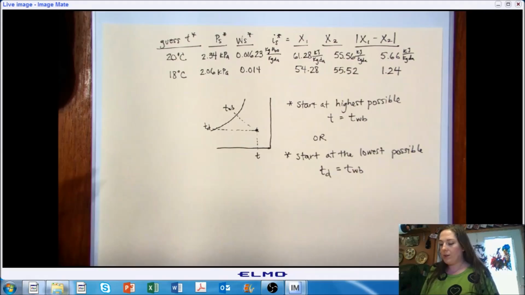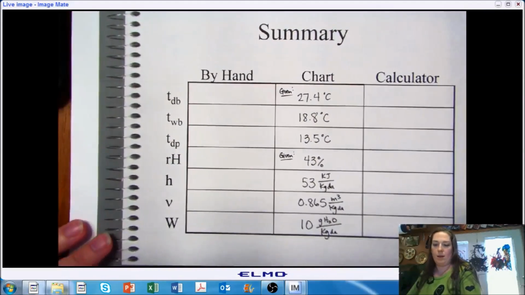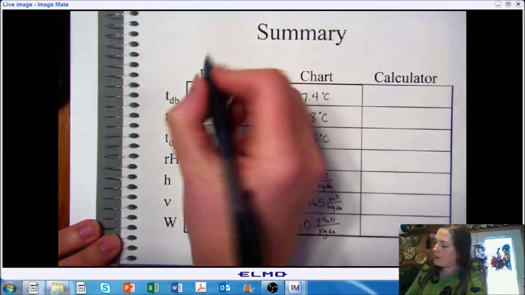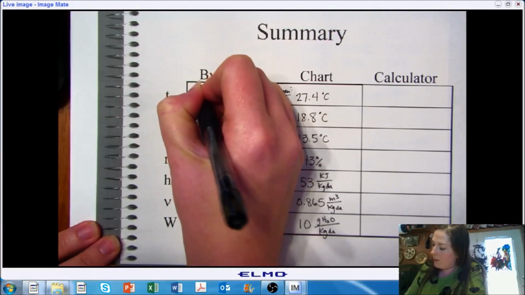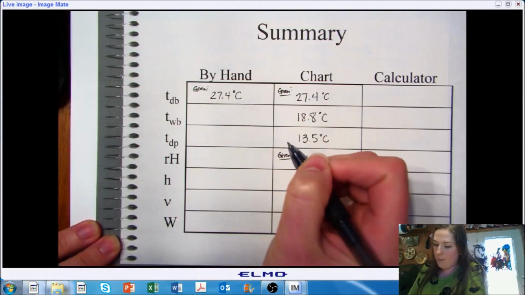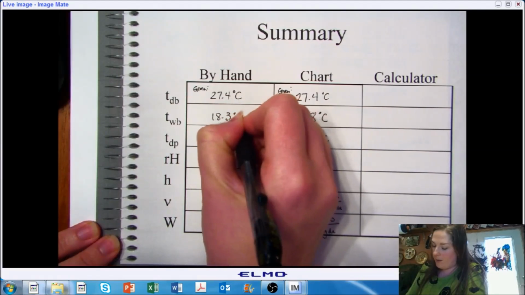All right, so let's go back to our summary. And let's add in our calculated values.